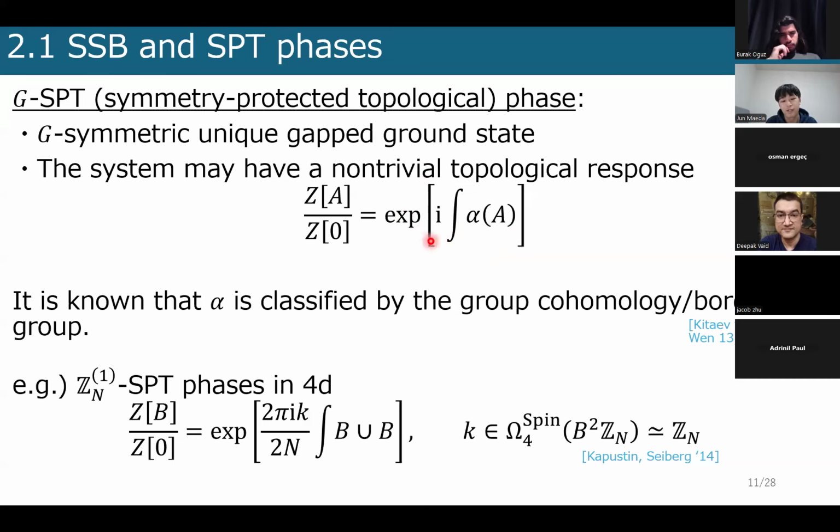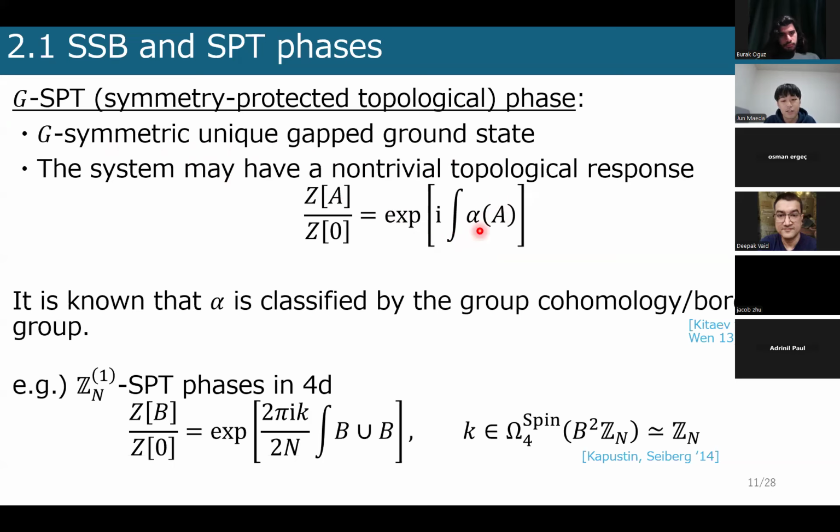So it does not vanish because a G-SPT phase is a phase with a unique gapped ground state, so there are no degenerate vacua. So there is no summation here. And then the partition function takes values in U(1). This is the point.